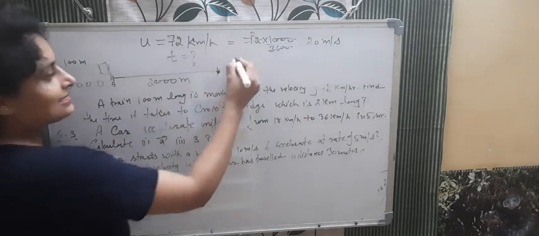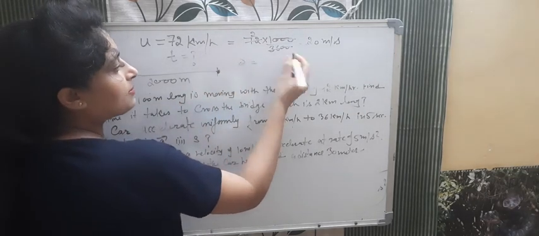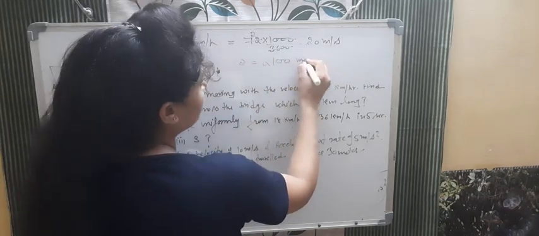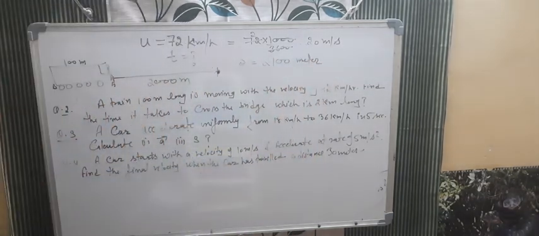So total distance will be 2000 plus 100, which is 2100 meter. Okay, this will be the distance.